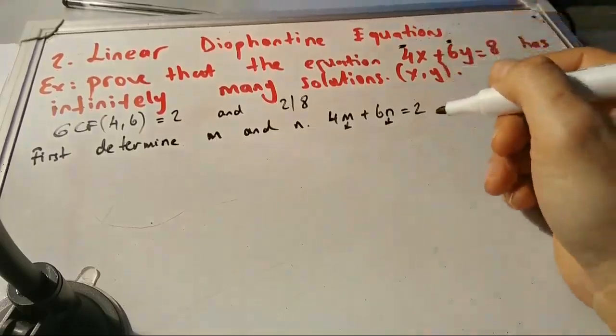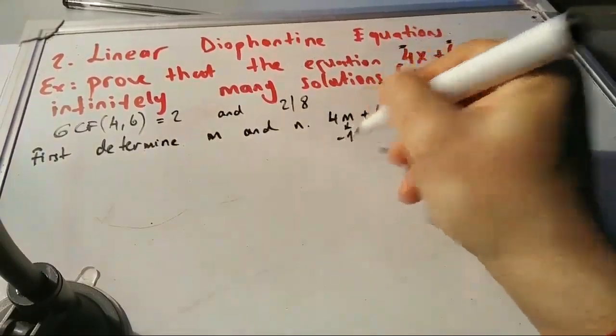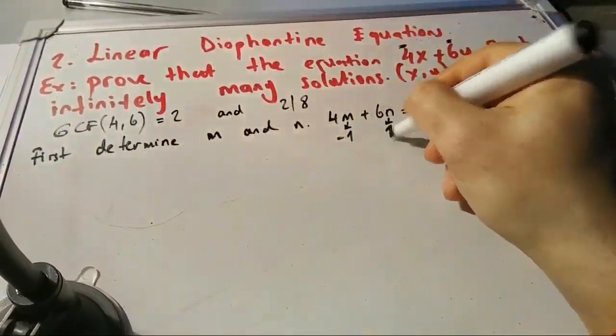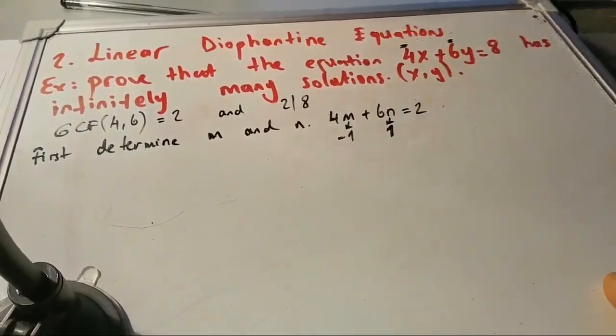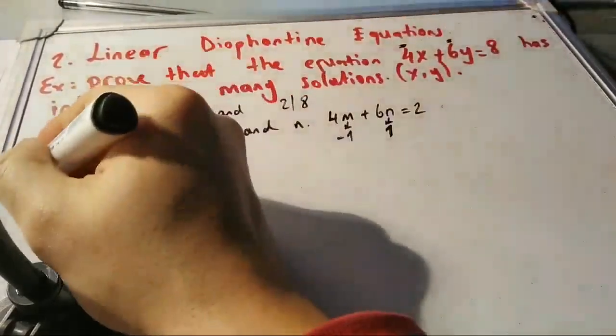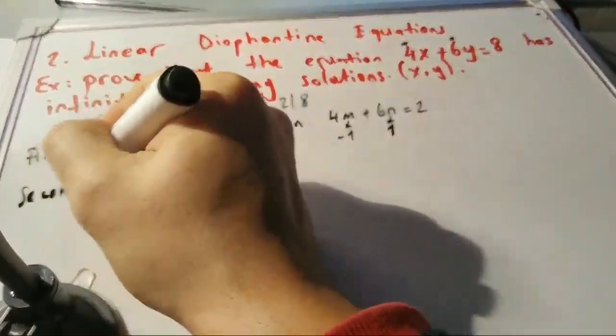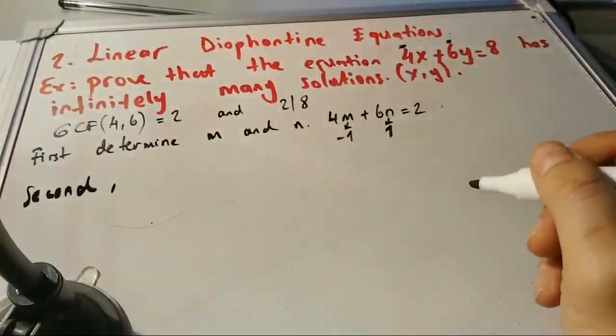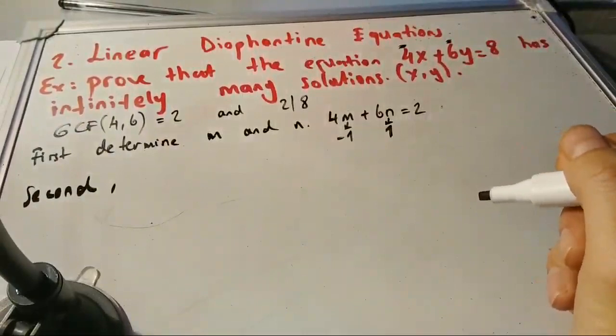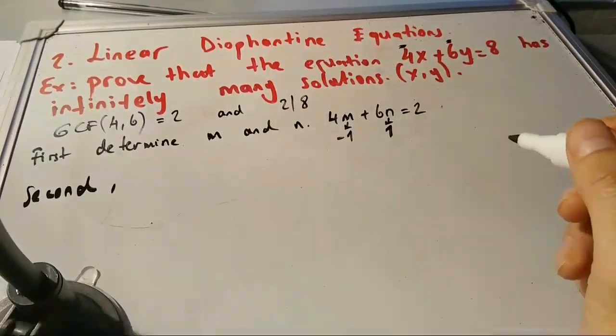Thank you very much, Seneja. m is -1, n is 1. Yes, and after that, for the second step, we are going to make x0 and y0.